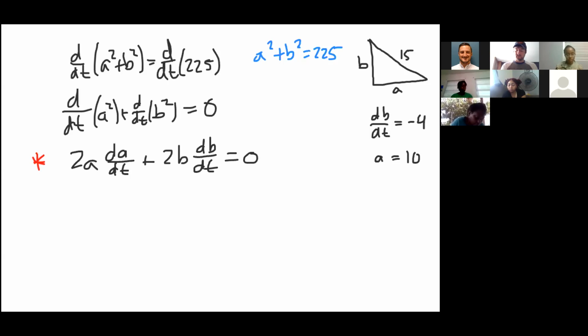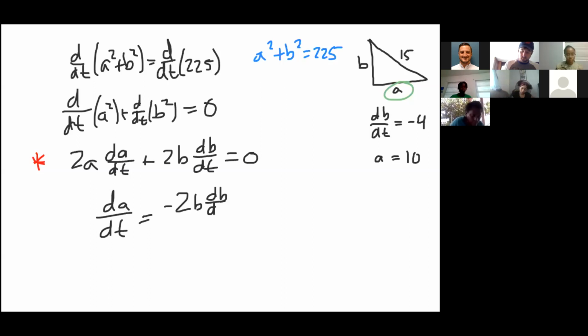The variable that describes the distance of the foot of the ladder from the wall is A. So I want to find that dA over dt. That's going to tell me how fast that's moving away. So if I solve for dA over dt, just to do some quick algebra, save some time because we're at the end of class. And I can simplify this as well because I'm multiplying and dividing by a 2.